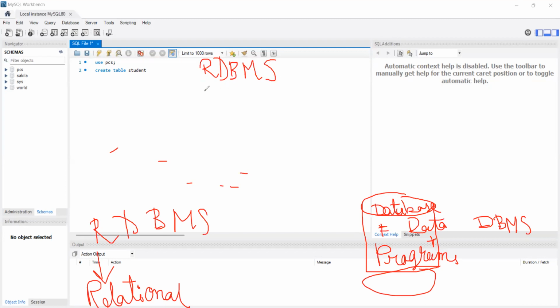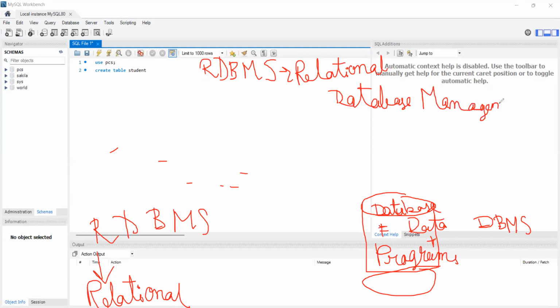RDBMS, full form: relational database management system.